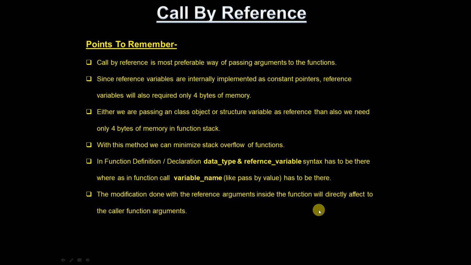With this method, we can minimize stack overflow of functions. In function definition or declaration, the syntax has to be data type, reference operator, reference variable. Whereas in function call, the variable name has to be there, and the modification done with the reference argument inside the function will directly affect the caller function arguments.